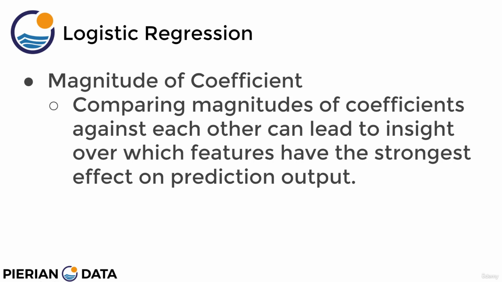If you have one feature with a really large positive beta coefficient and another feature with a very small positive coefficient, you can directly compare those magnitudes and say that the feature with that very large positive coefficient is a much stronger predictor of the likelihood of belonging to class number 1 than the other feature with a very small beta coefficient. Again, you can't directly then say that a 1 unit increase results in this increase in y, but you can then compare the magnitudes in order to see what features are more important than others, or what features have very strong predictive power.